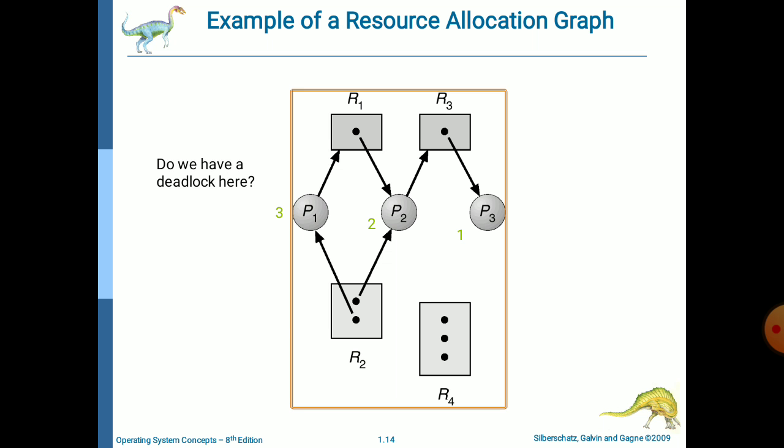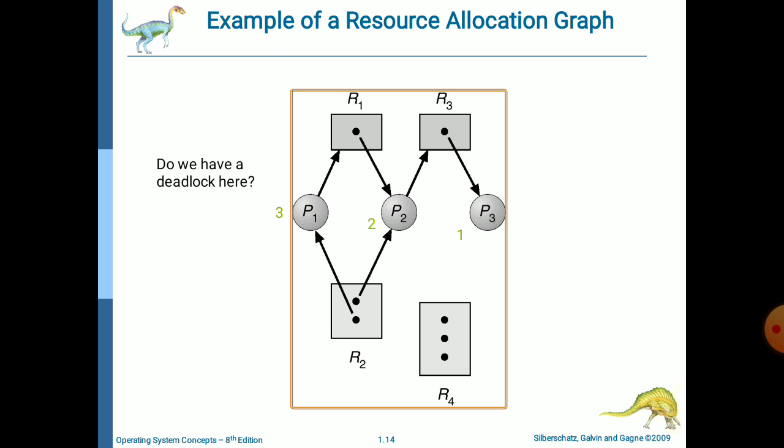So now, do we have a deadlock here? No, because P3 is holding R3 and it requires only R3, so it will execute and release R3. So the first process executed is P3. After release of R3, P2 will acquire that resource and get executed because it requires only 3 resources, R1, R2 and R3.